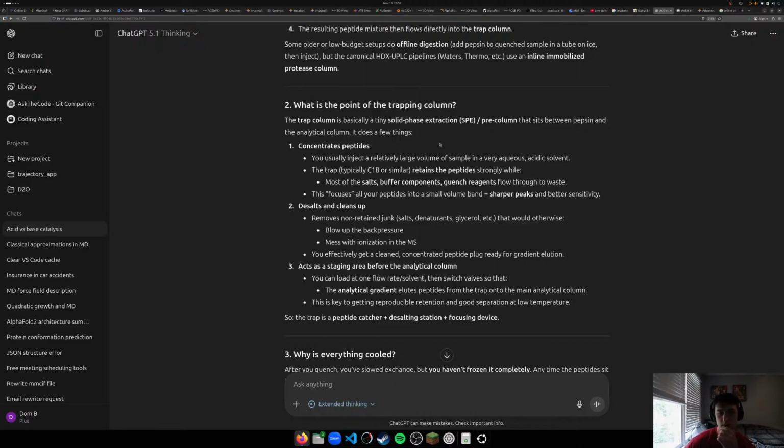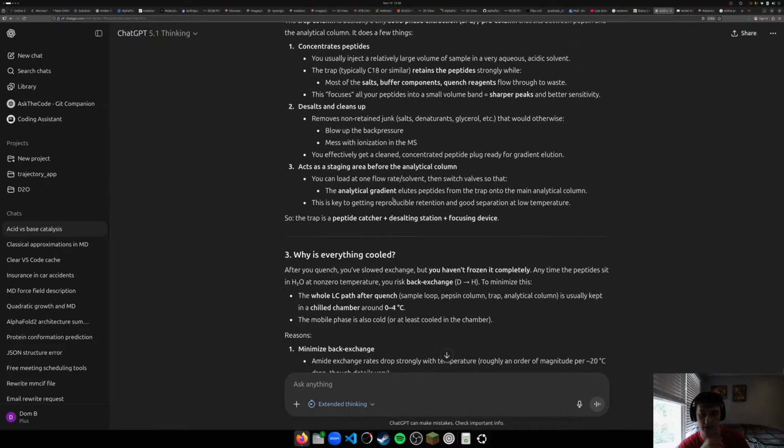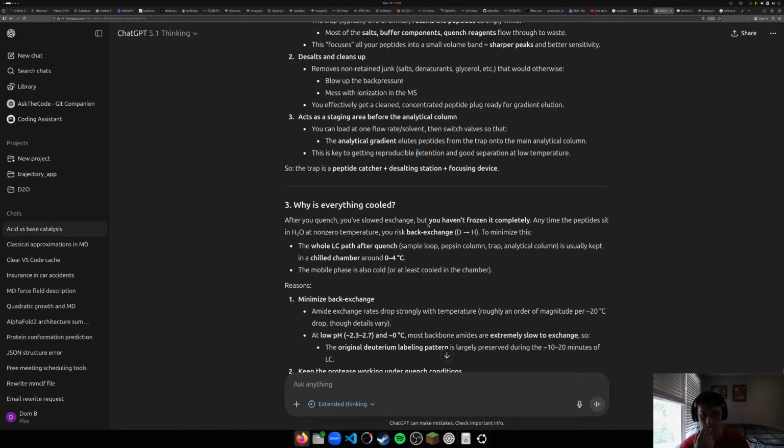So the salts go through? You can load at one flow rate, then switch valves so that the analytical gradient elutes peptides from the trap to the main analytical column.